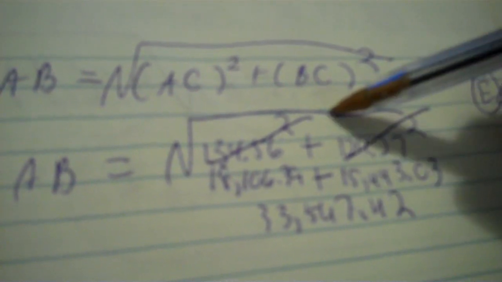Okay. Then I add, I get 33,547.42, and then finally I know what number is in the radical, so now I can evaluate my radical.